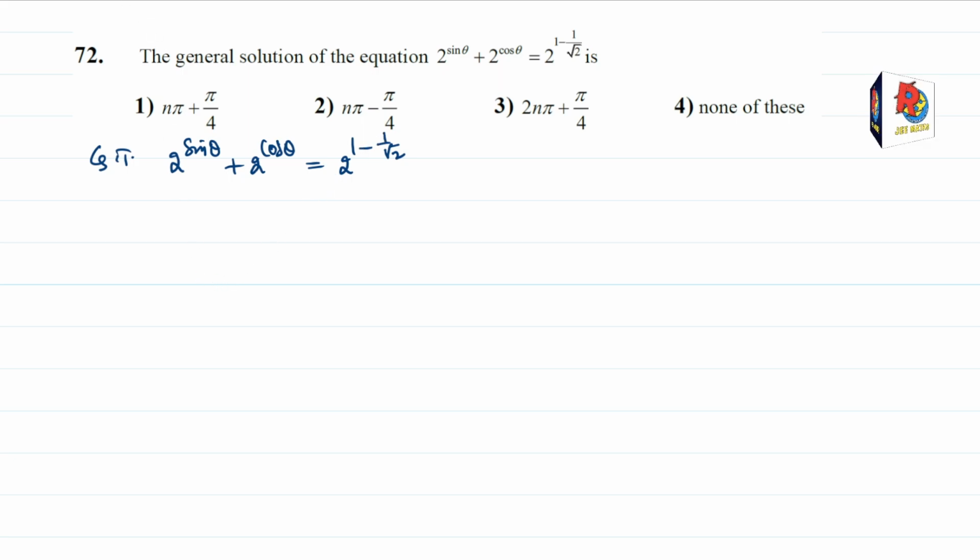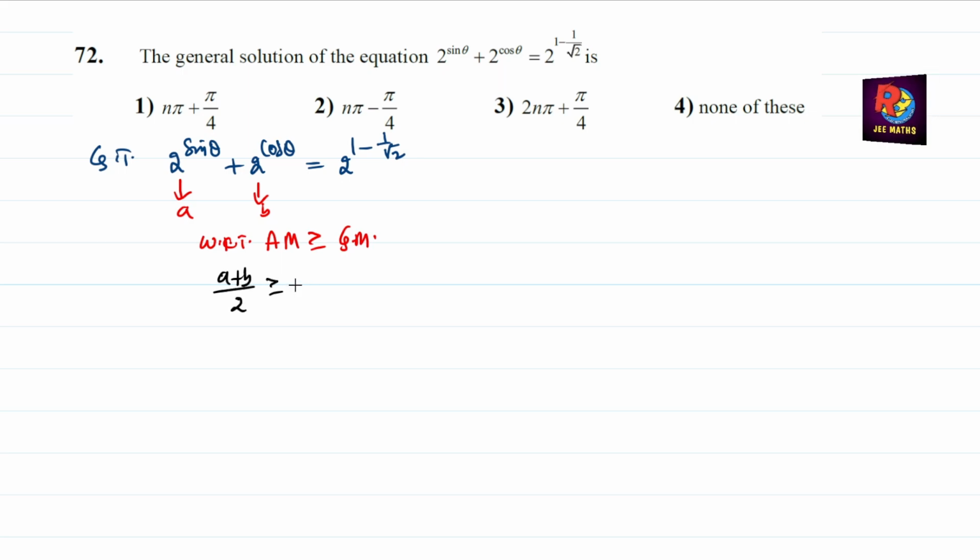Let us assume A and B. We know that the arithmetic mean is greater than or equal to the geometric mean. If I take A comma B, the arithmetic mean formula is A plus B by 2, and the geometric mean formula is root AB.